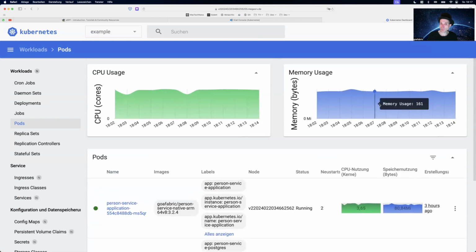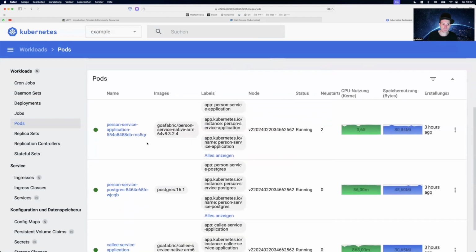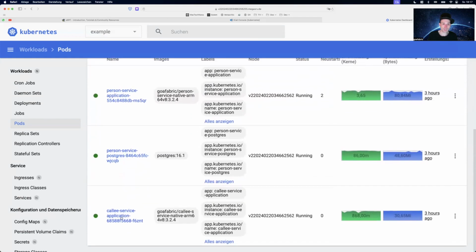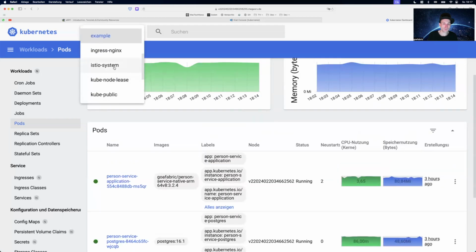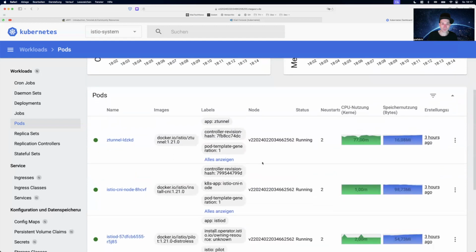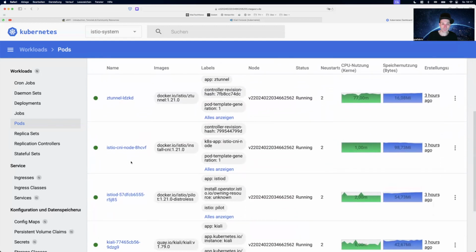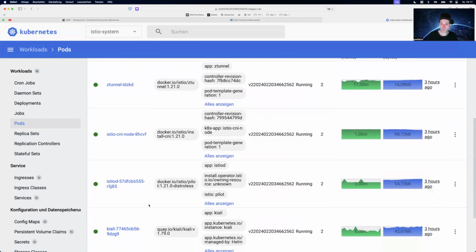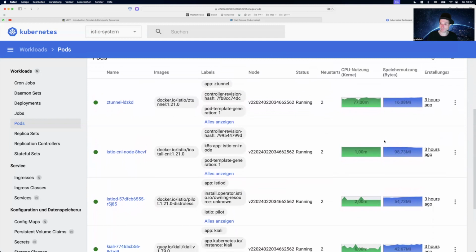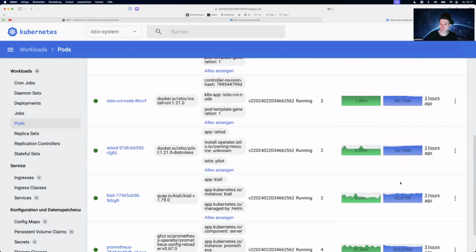So all in all, we can have a stack of applications with 160 megabytes of RAM: an application, a database, and a service. The same goes for the Istio system here, which is also rather lightweight. So we have the so-called ztunnel, we have the CNI installed here, Istio itself, and Kiali, which is for observability. And we're seeing here that it's also not using a lot of resources.